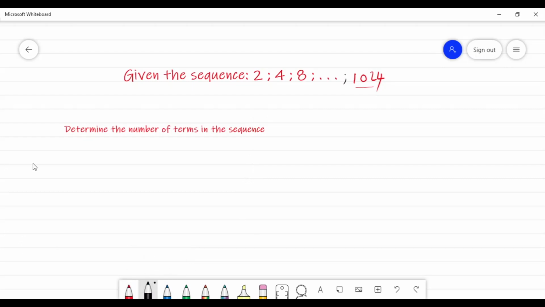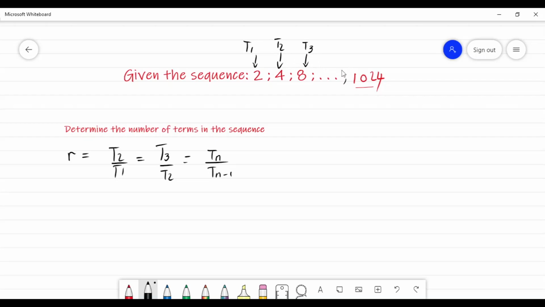When you're working with a geometric sequence, we know that we have a common ratio, where T2 over T1 is equal to T3 over T2, and that is equal to Tn over Tn minus 1. This is my first term, this is my second term, and 8 is my third term.